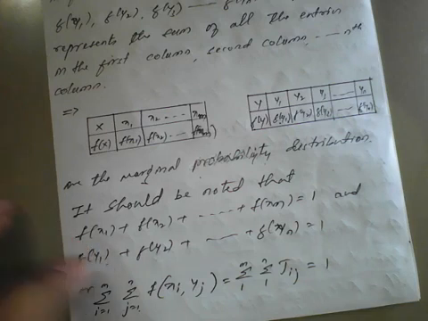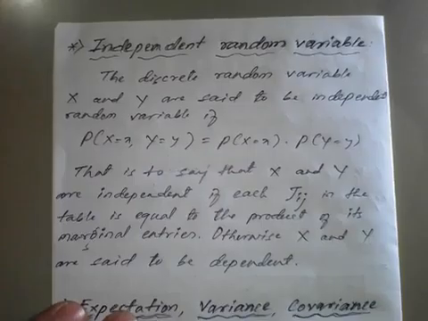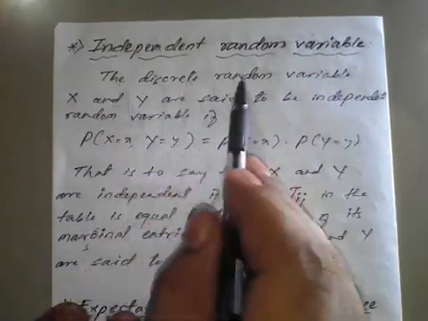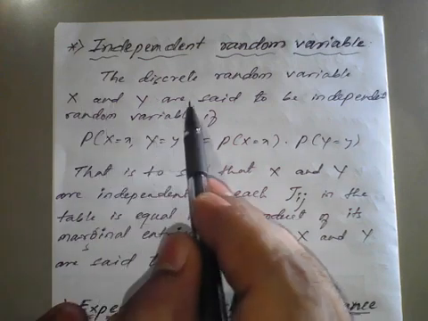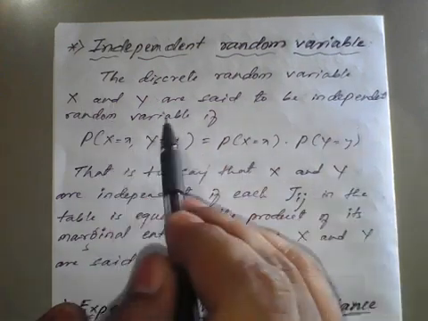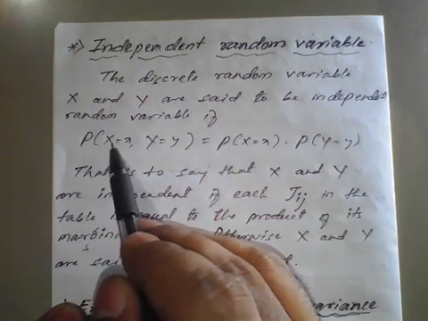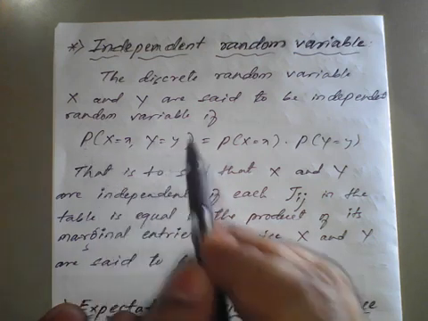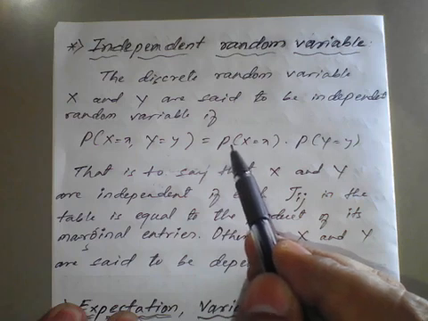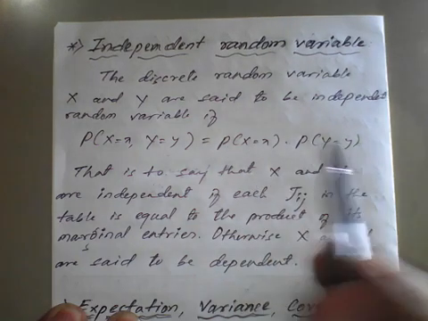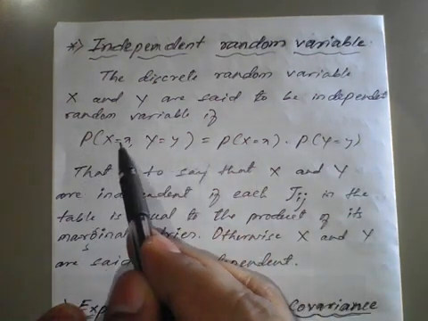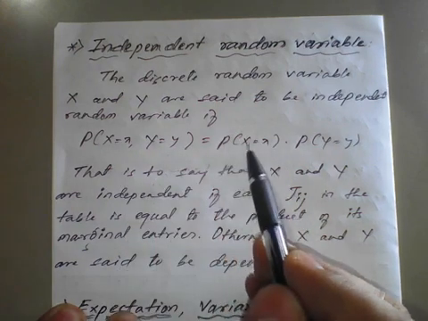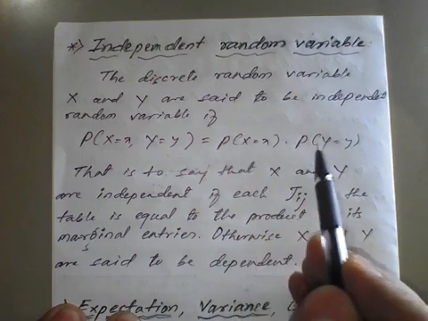Now we'll see what independent random variables are. The discrete random variables x and y are said to be independent if the probability of x and y together is equal to the multiplication of the probability of x into the probability of y.